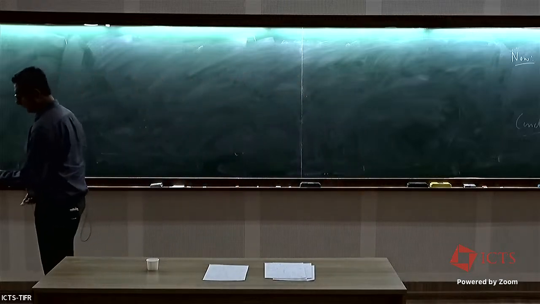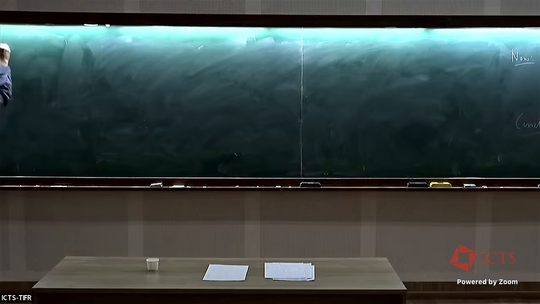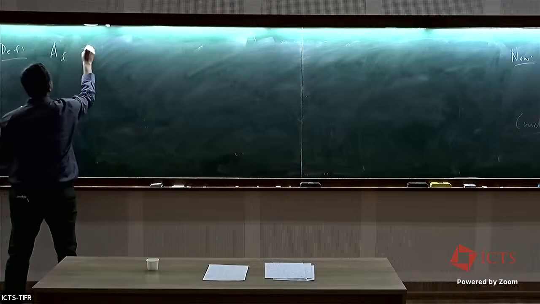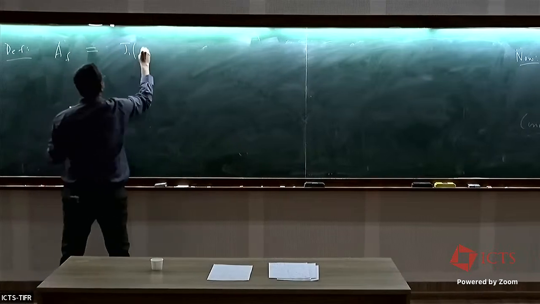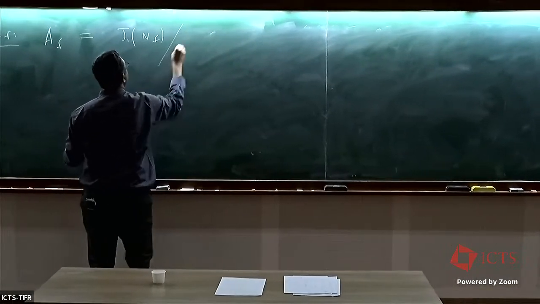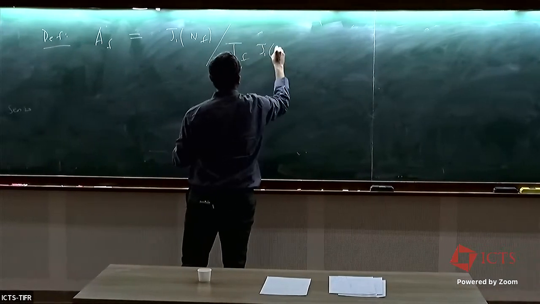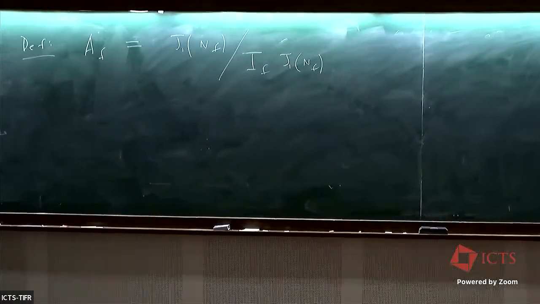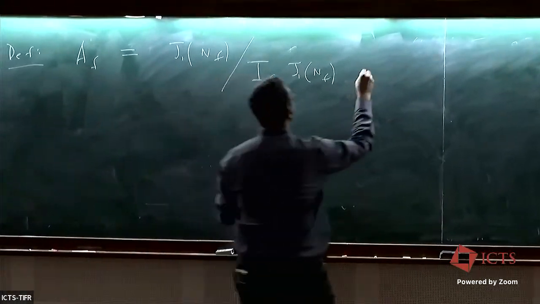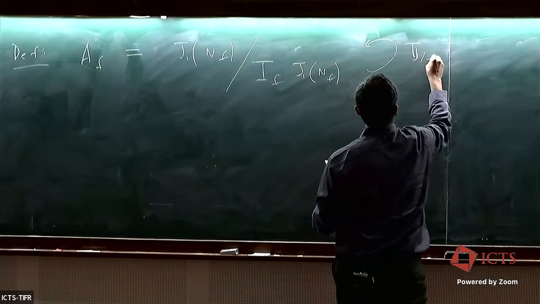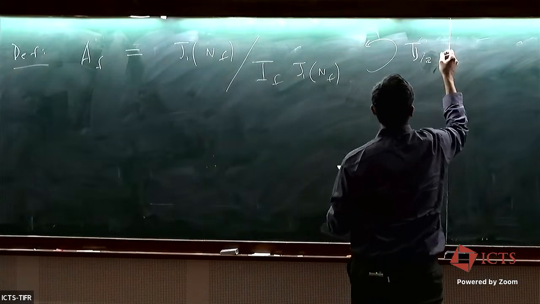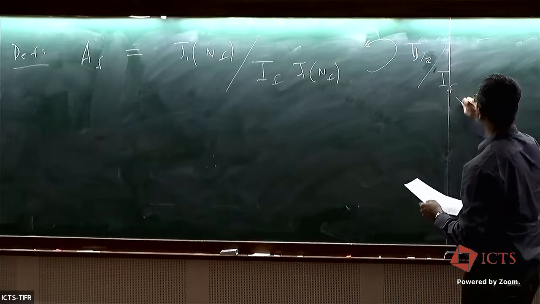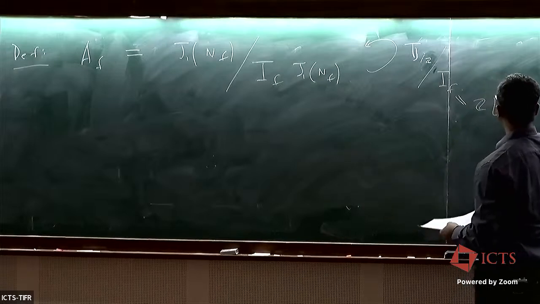Okay, so definition. Let's define A sub F to be J1(N)F mod I_F J1(N)F. It's a quotient variety, and this has an action of T(Z), the Hecke algebra over Z modulo I_F, which we didn't really write over there.